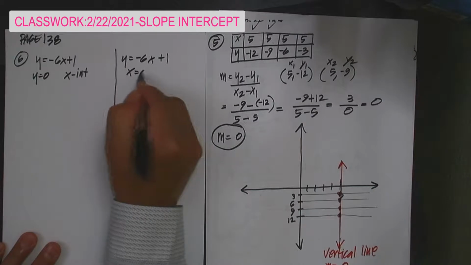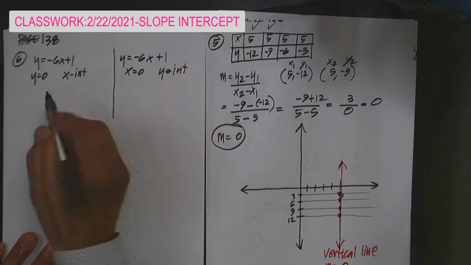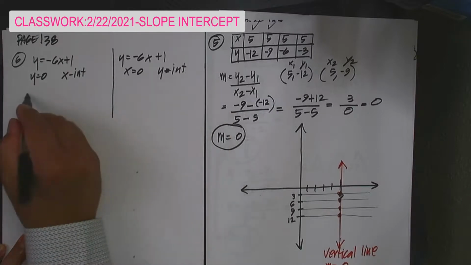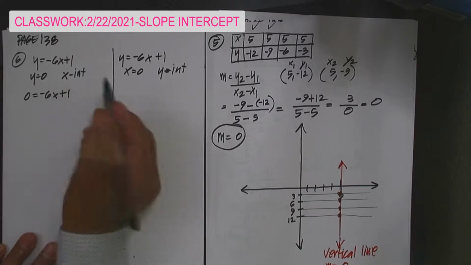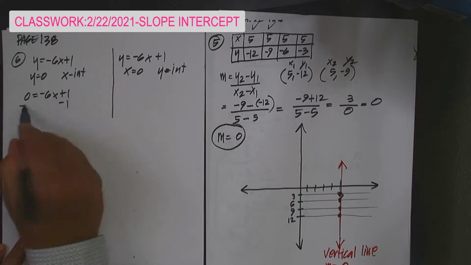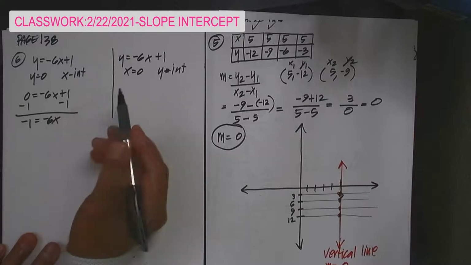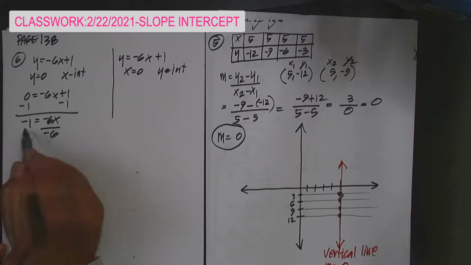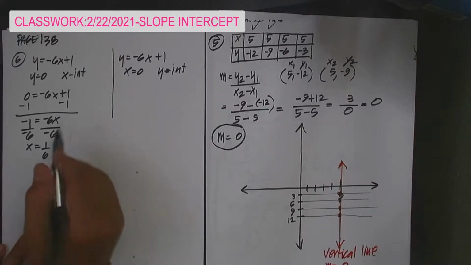Your x is equal to 0 so that you can find your y-intercept. Now let's substitute. 0 is equal to negative 6x plus 1. Opposite of that, so you have negative 1 is equal to negative 6x. You divide this by negative 6, negative 6. So your x is equal to 1/6.